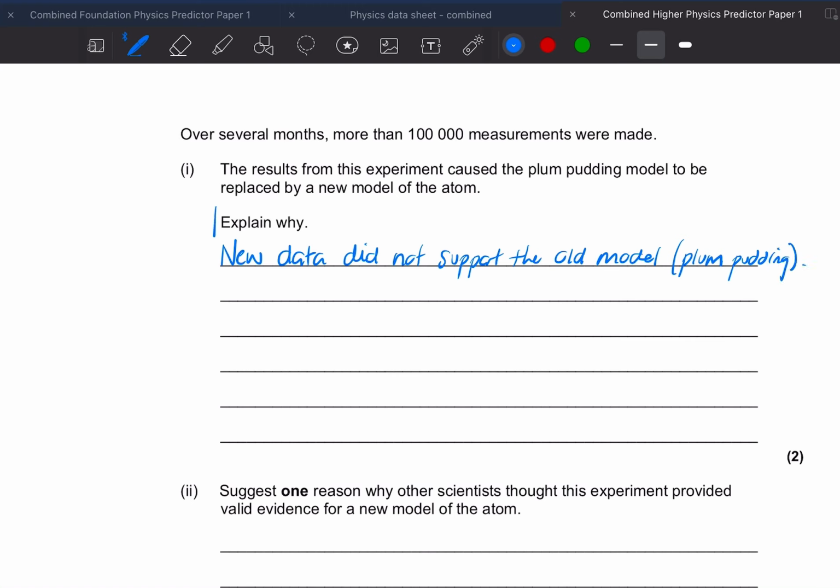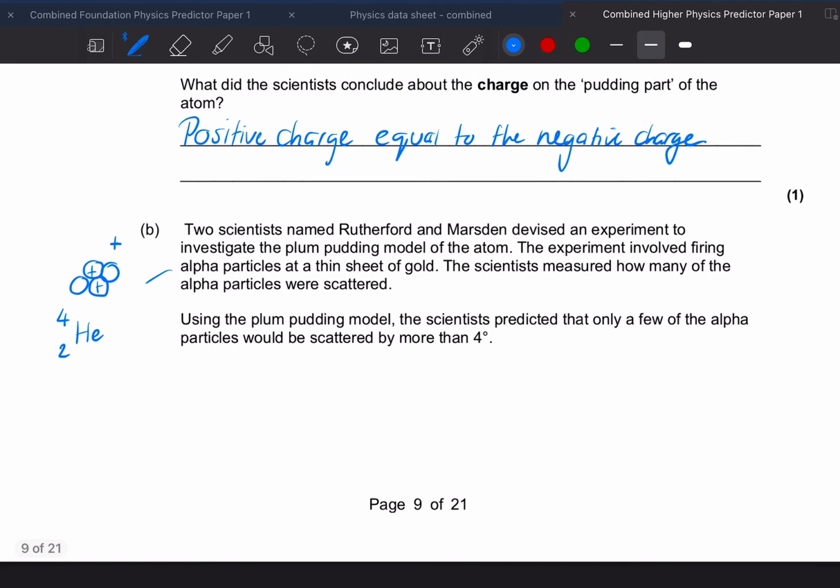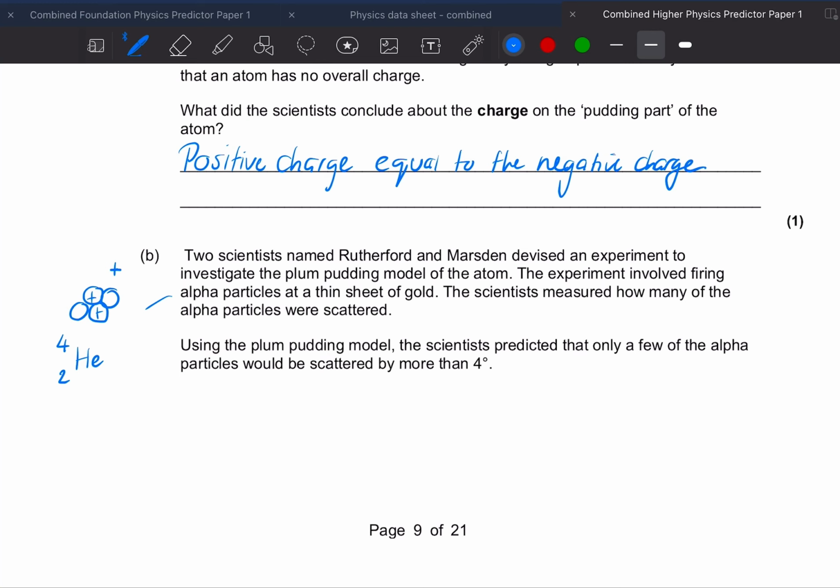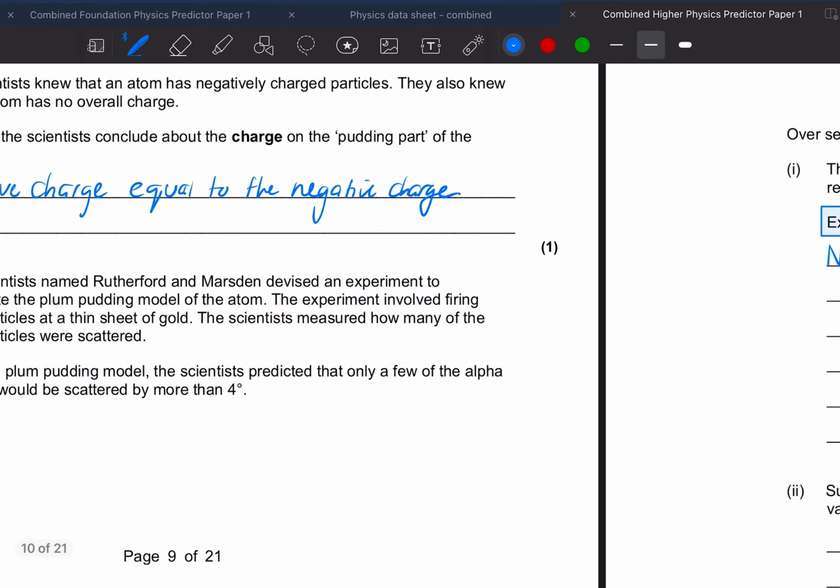Okay, let's get into the explanation why. So why did it not support it? This is because for the old model, they expected only a few to be scattered more than 4 degrees.